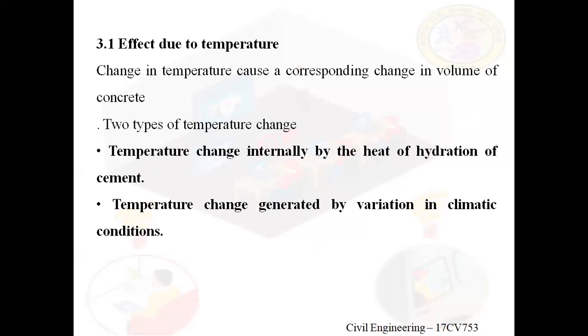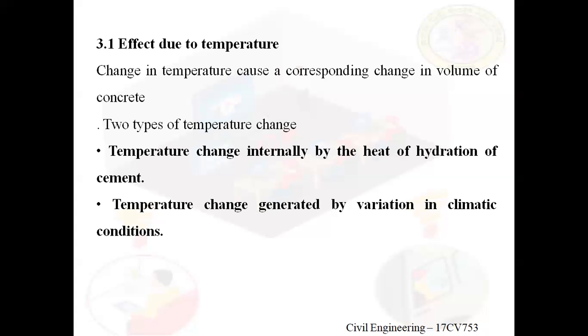The main thing is when the temperature changes, because in some seasons the temperature will be low, and in some seasons the temperature will be high. With less temperature and more temperature, there will be changes in the concrete structural elements.